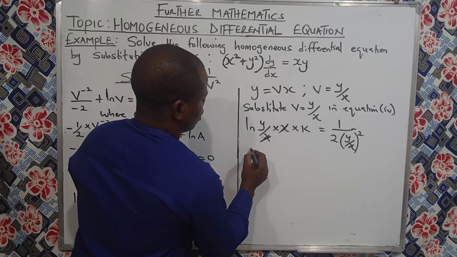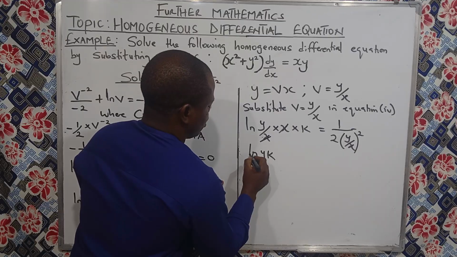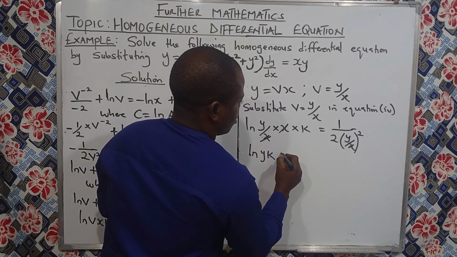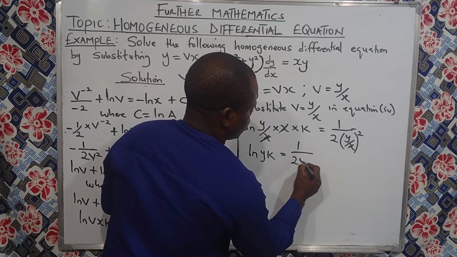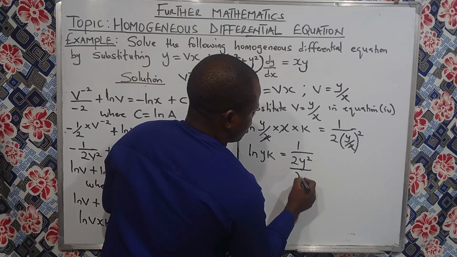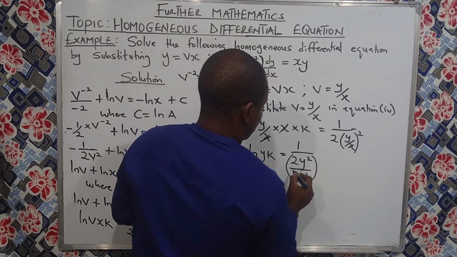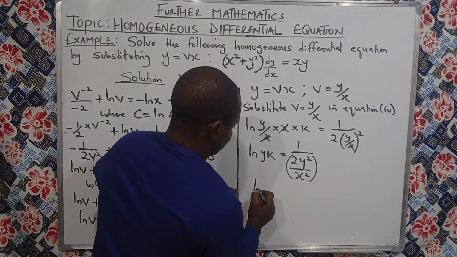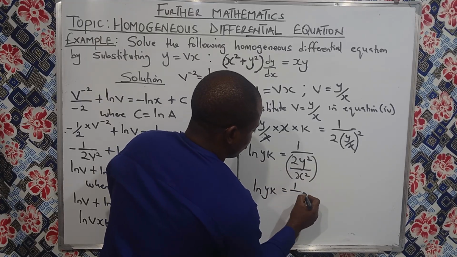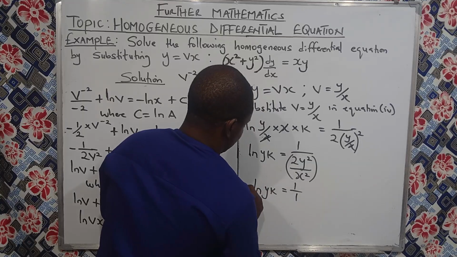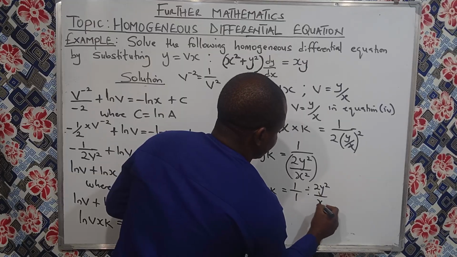This x cancels this x. You are left with ln yk equals 1 over 2 times y squared over x squared. Don't forget that this expression goes together. Now, ln yk equals 1 divided by 2y squared over x squared.